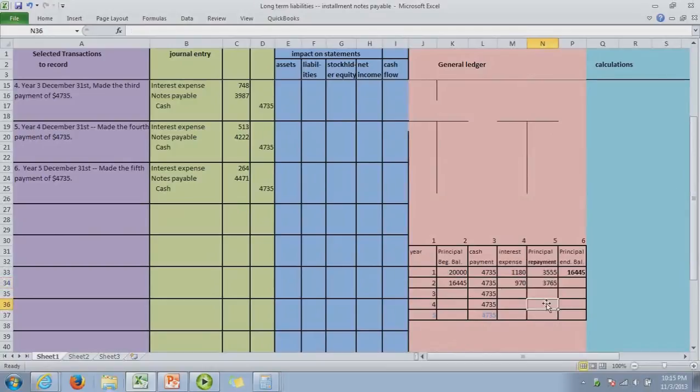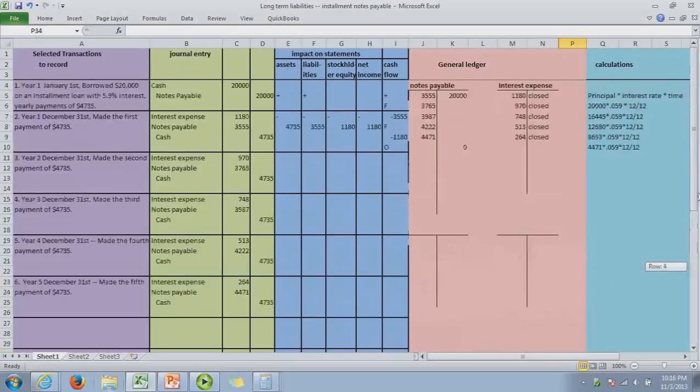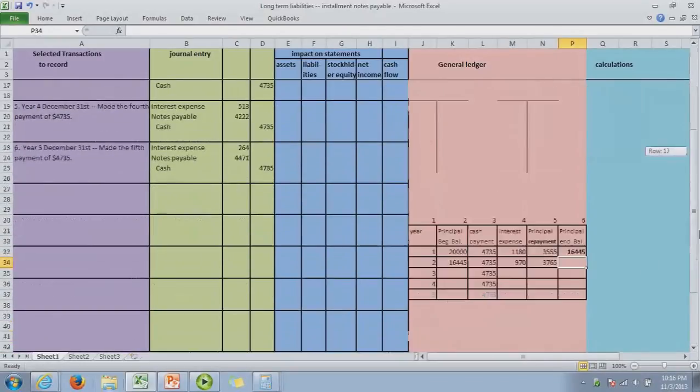I think it's good to be able to do the journal entries without the table, just to make sure you understand it. And then your principal repayment, once again, is the beginning principal balance minus the principal repayment equals the ending principal balance. And so the ending balance was up here, which we figured 12,680. And then ending, that becomes the beginning.